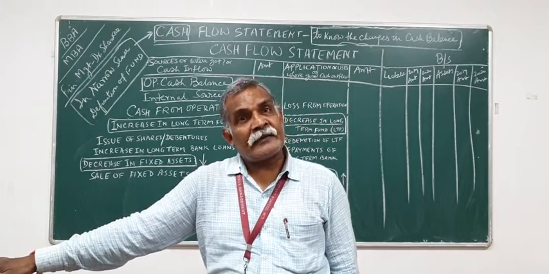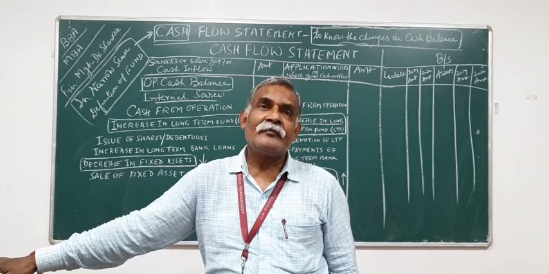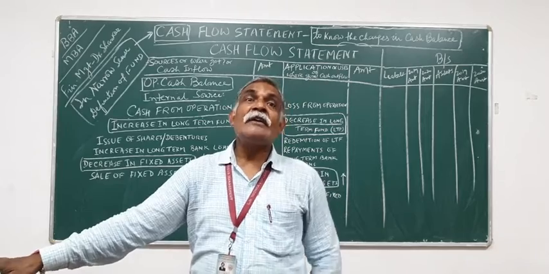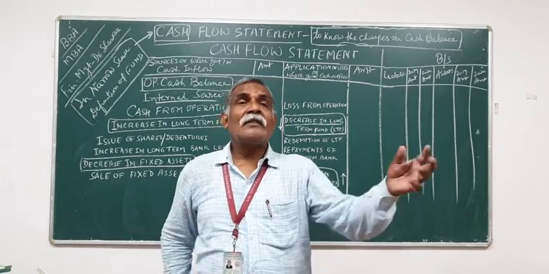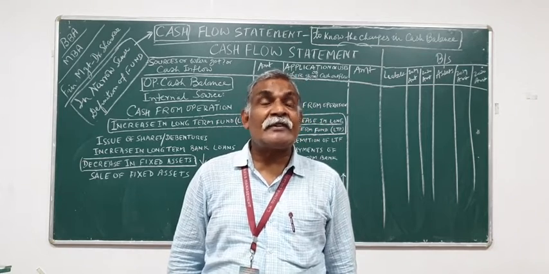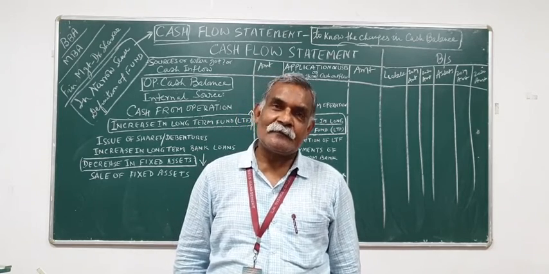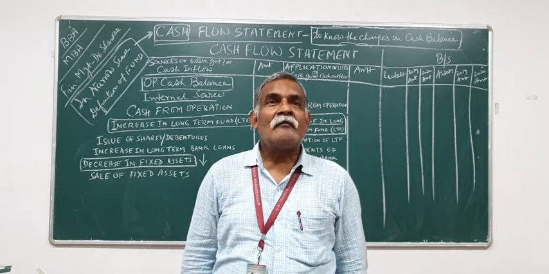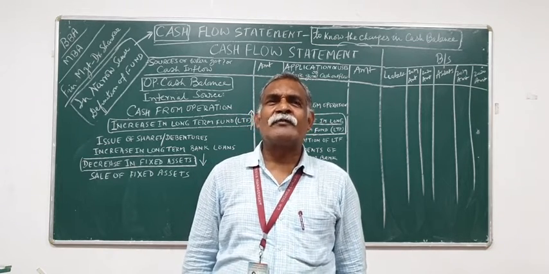Thereafter we prepared cash from operation. Now the last part, that how we incorporate all the items of fund from operation or cash from operation and prepare cash flow statement. Very easy. Now 3/4 work we have already completed. Now 1/4 work is left.